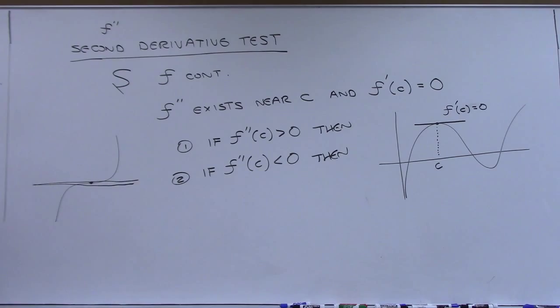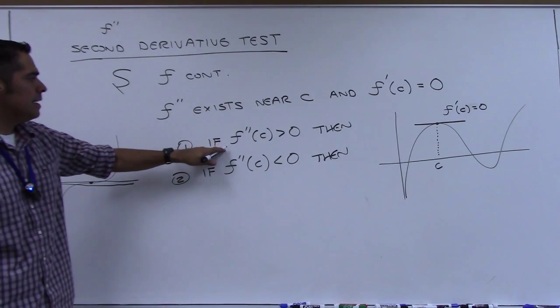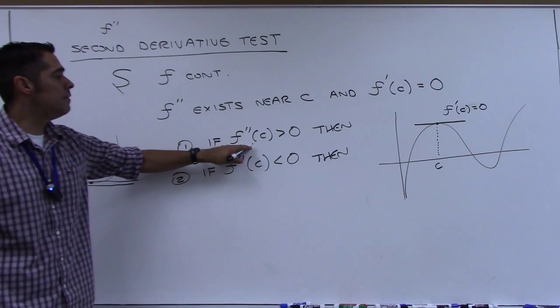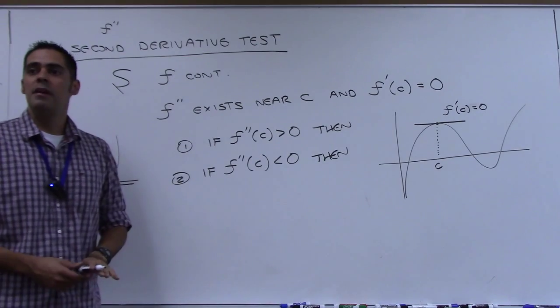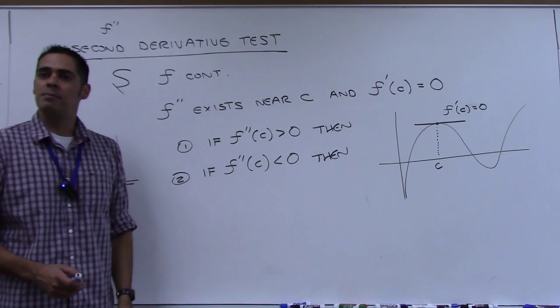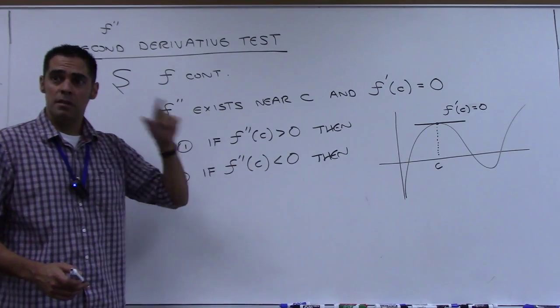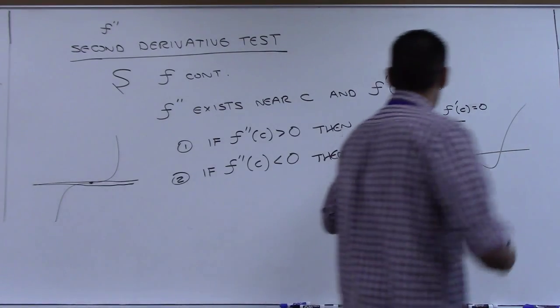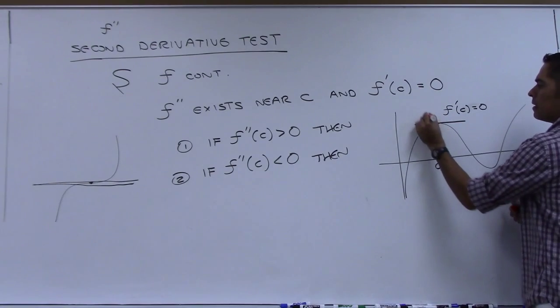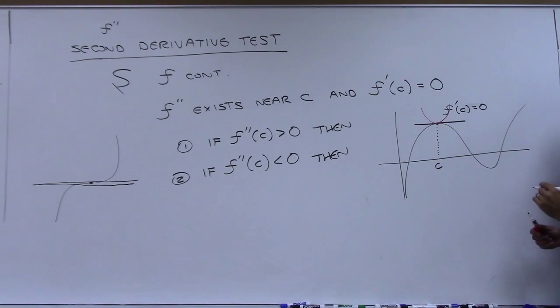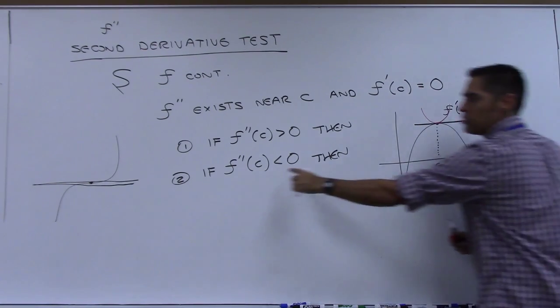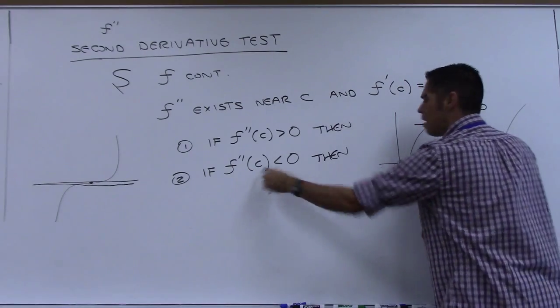But if the second derivative is positive at that point, then it must be concave up. So it would be like this, but our graph doesn't do that, does it? In this picture, our graph is concave down, right?